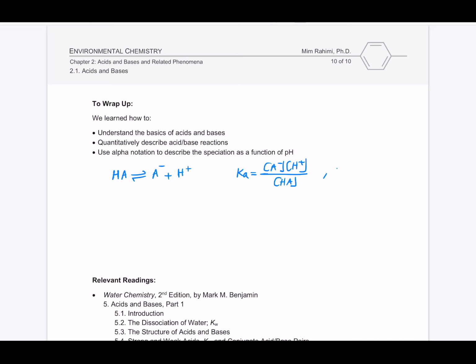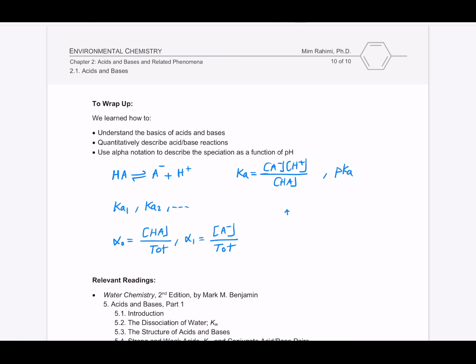And then we also introduced pKa, which is basically an easier way to describe it. And we mentioned that we might have more than one release of protons, so we might get Ka1, Ka2, and so on. At the end, we introduced the alpha terminology, which would be alpha 0, the most protonated over the total. Alpha 1 was the first deprotonation over the total. And then we also linked alpha 0 and alpha 1 to something that can be changed, which is pH, and something that is constant, which is Ka.